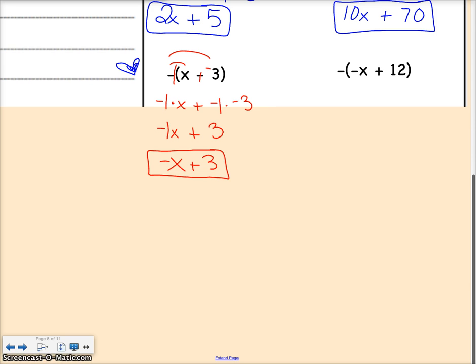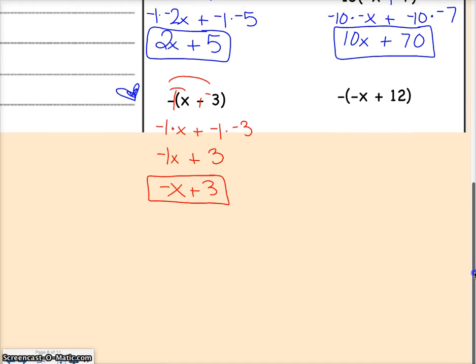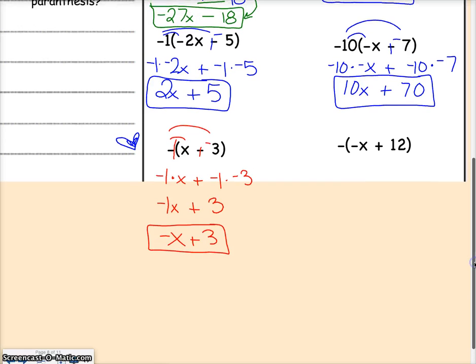Okay, and last example, we have negative parenthesis negative x plus 12. So again, what's really in front that we actually have to distribute is a 1. So we have to make the 1 come out so we can distribute it.